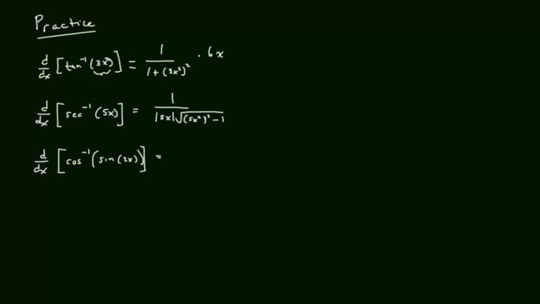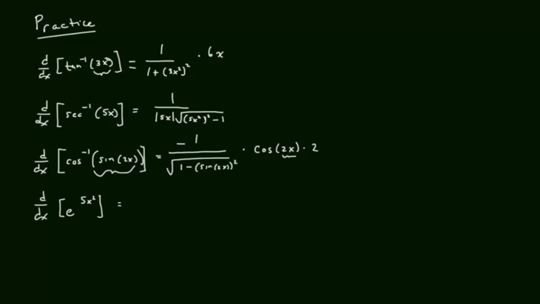So the derivative of inverse cosine of stuff is negative 1 over the square root of 1 minus stuff squared, where the stuff is sine 2x, times the derivative of the stuff, which is cosine 2x times the derivative of the little stuff, 2.